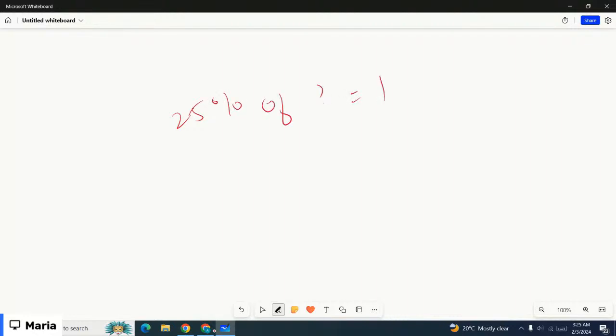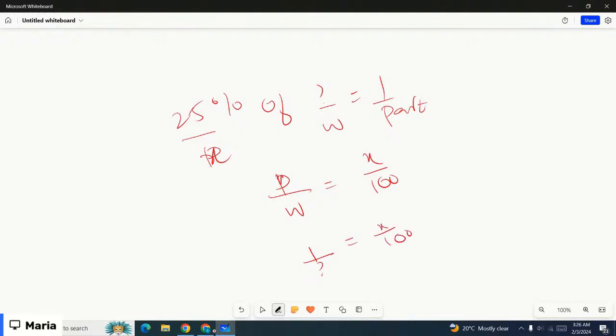You are given the percentage form, you are given the part. This one you can say x. You need to calculate the whole number, right? That is part divided by whole number equals x over 100. So 1 is the part, whole number you have to find, and x over 100.